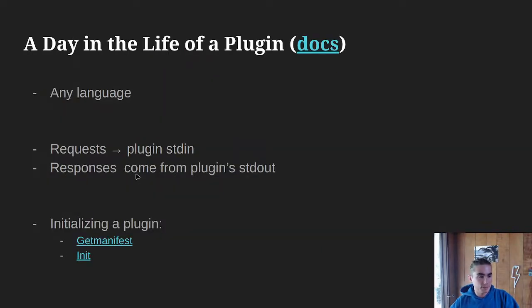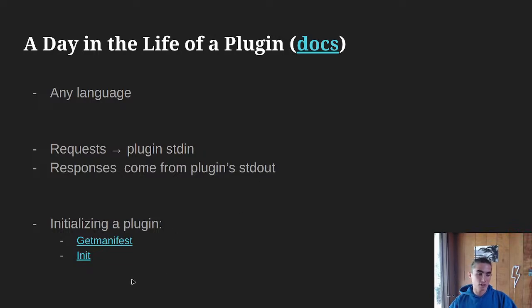Again, this is from the plugin docs, from A Day in the Life of a Plugin. You can write plugins in any language. The basic architecture is lightningd sends a request to your plugin's standard input and expects a response from your plugin's standard output.